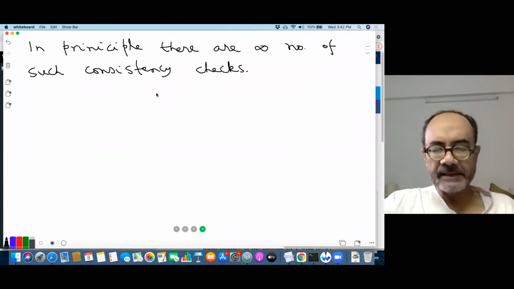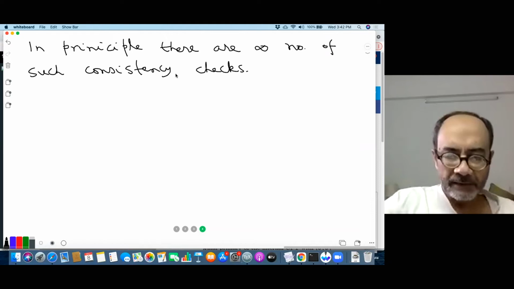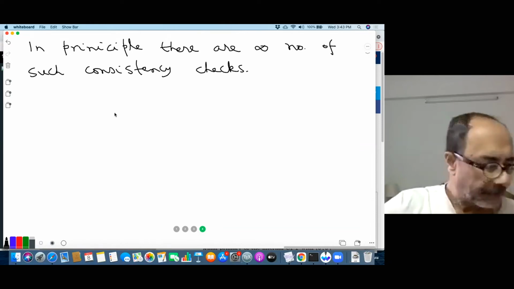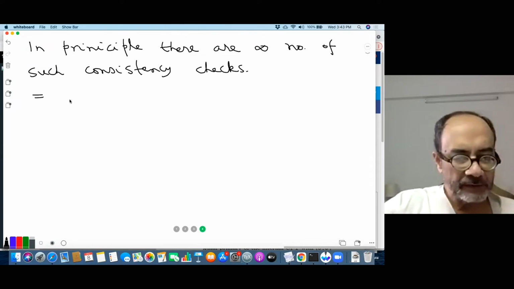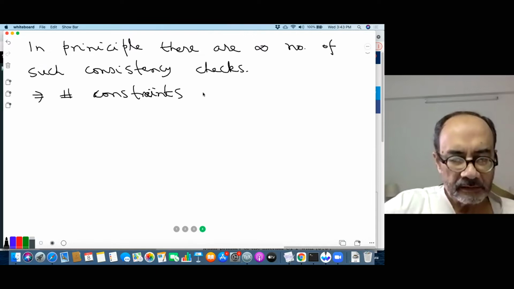Because given a higher genus surface, you can cut open in so many ways, and each of those should give the same answer. So there are infinite number of consistency checks. This would seem to imply there are infinite number of constraints. So the number of constraints is infinite.